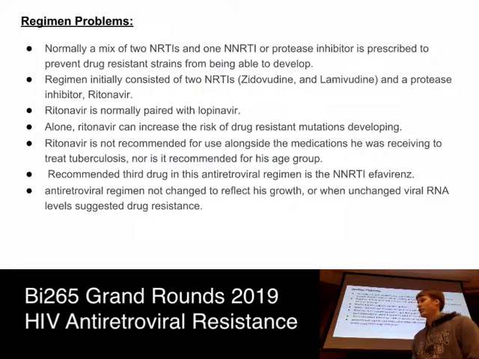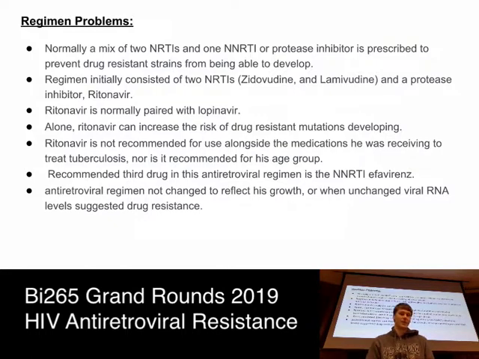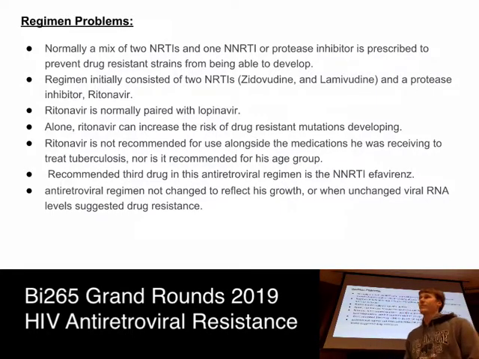So the drug that was recommended as the final antiretroviral in this regimen is the NNRTI efavirenz. And he was later switched to that, but it did take over a year before he was actually put on the correct regimen.